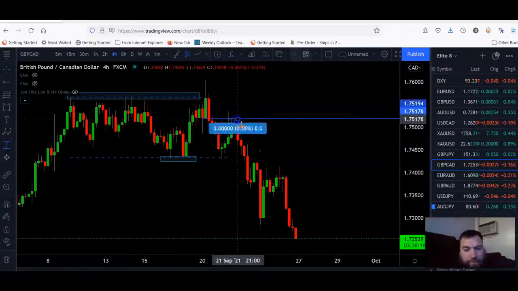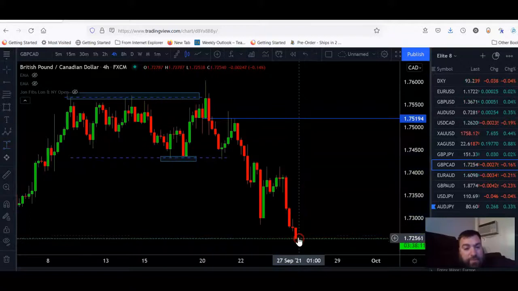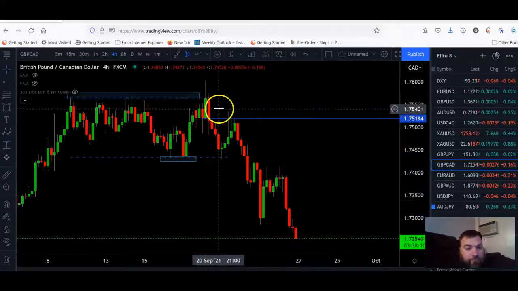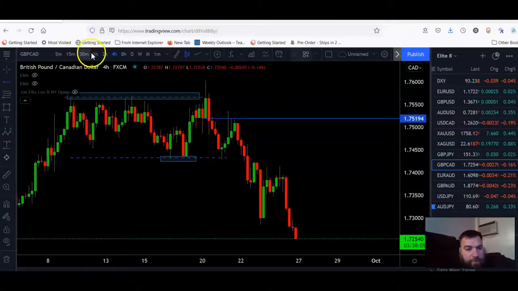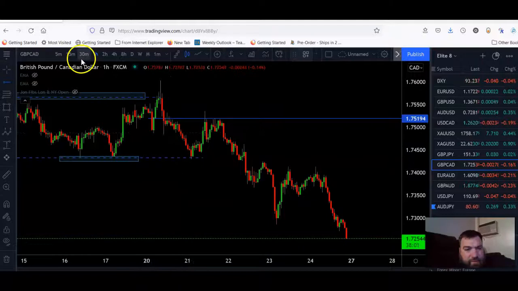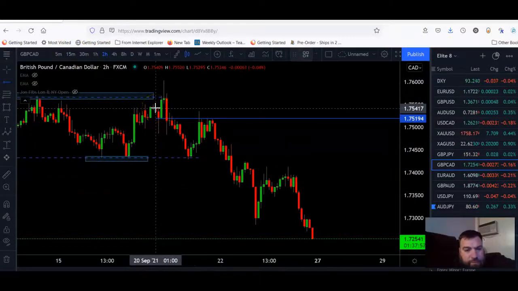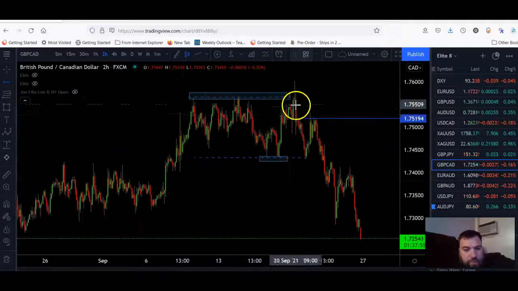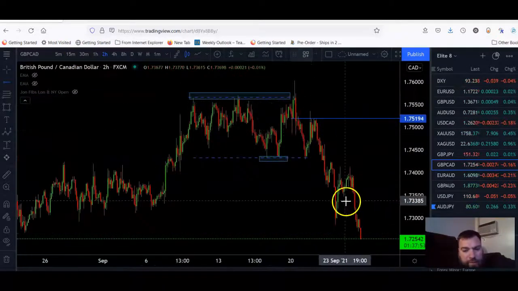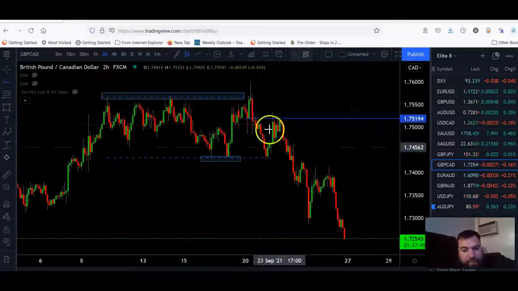So from here to here is 260 pips. I was hoping they would come up a little bit higher, then come down. But as you can see, it's just melting right now.